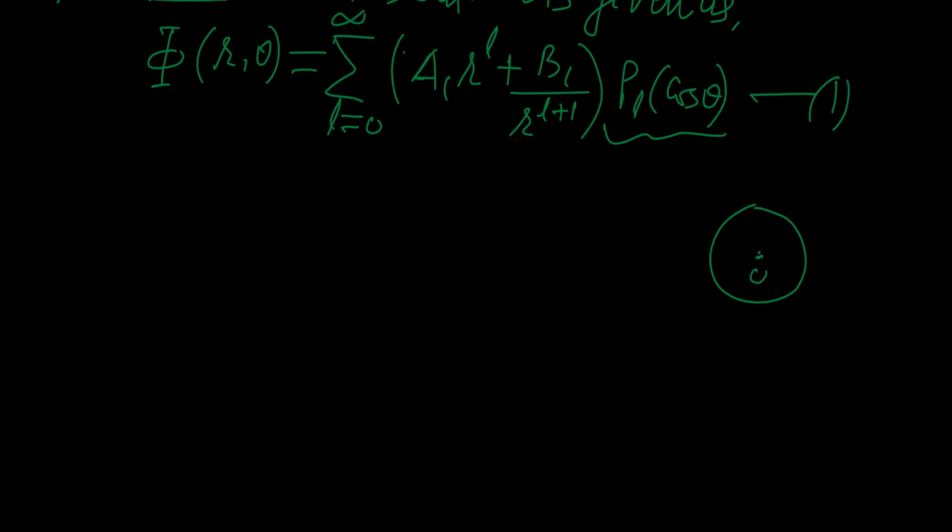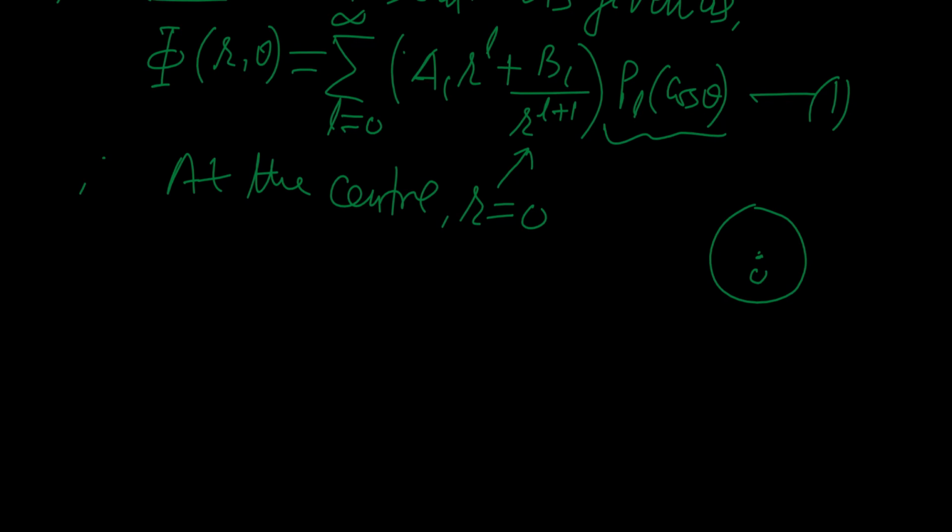But what you see here, at the center, r will be equal to 0, and if we put r equal to 0 in this solution, particularly in the second term, when you divide BL by 0, you will get an undefined result.